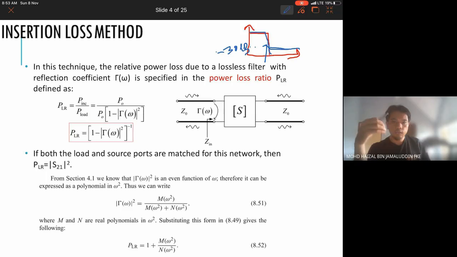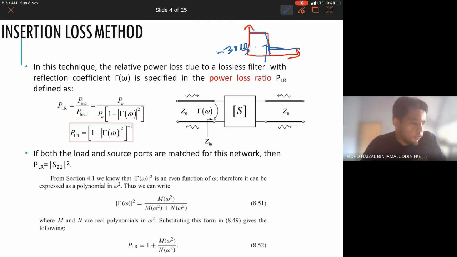If we want the other one, which is maximally flat, then we can have the maximum sharp cutoff frequency using the maximally flat technique. So we have two: Chebyshev and the maximally flat technique.